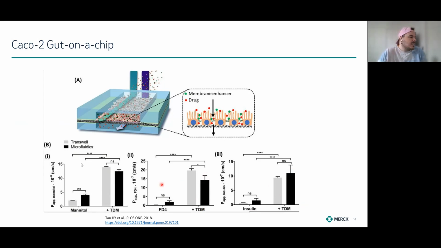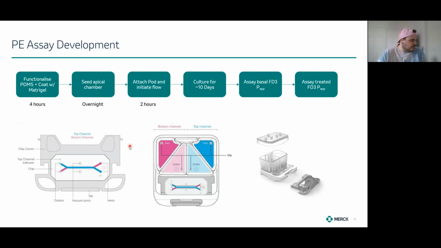So it seems to be a trend that the permeation enhancers seem to be more efficacious, and maybe falsely more efficacious, in the transwell model, which makes sense because you're doing direct exposure and there's no escape for the cells in that regard, as opposed to a flow condition. There's increased surface area, but there's also flow, so the actual exposure of the permeation enhancer to the cells is lesser. And we see this similar in our hands, so I'm going to give you an overview, just to give you an idea of what this looks like.